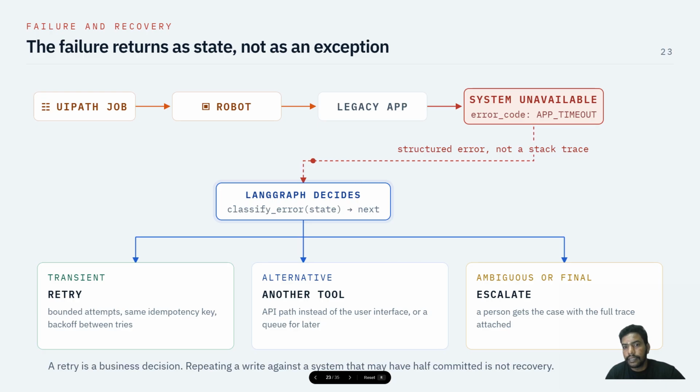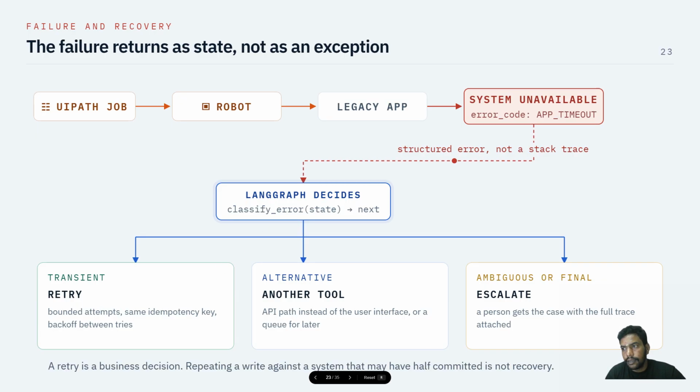Here, if you see system unavailable, what happens next is the critical design choice in this entire architecture, right? Now, the failure comes back as a structured error with a code into state, and the graph decides what it means.